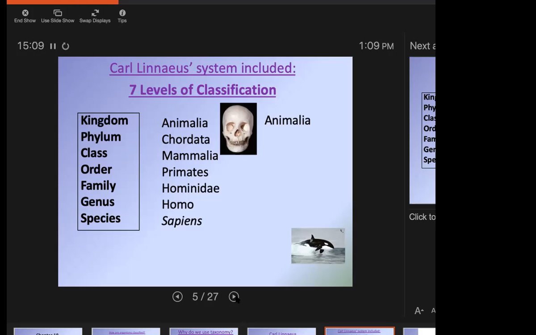We're mammals, so we have hair, we produce milk for our offspring, and we give birth to live young. We don't lay eggs. We are in the order Primates, so we have an opposable thumb. We're in the family Hominidae, the genus Homo, and the species sapiens. So our technical scientific name is Homo sapiens.